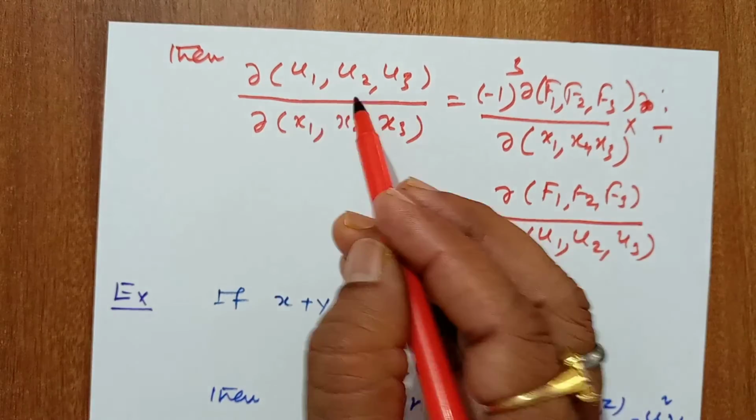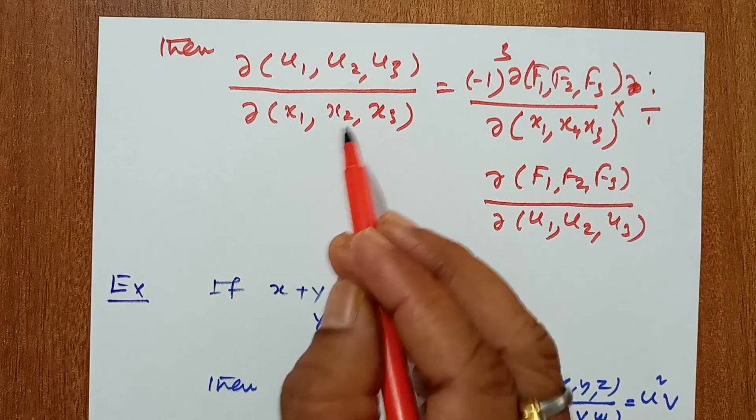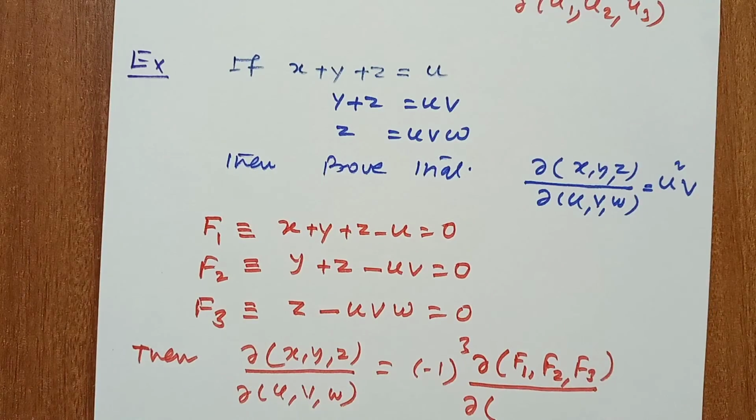So in place of u1, u2, u3 is x, y, z, and in place of x1, x2, x3 is u, v, w. So this is very easy.